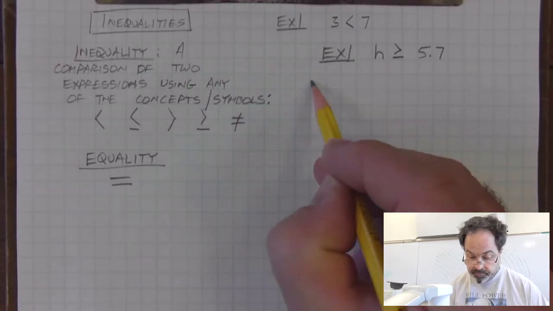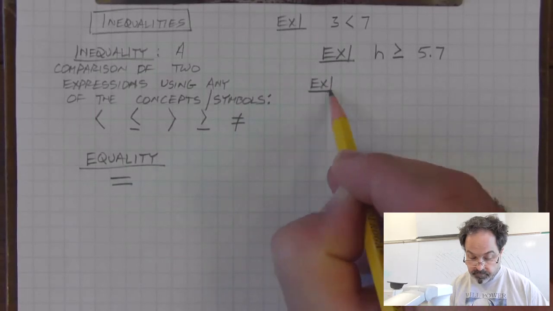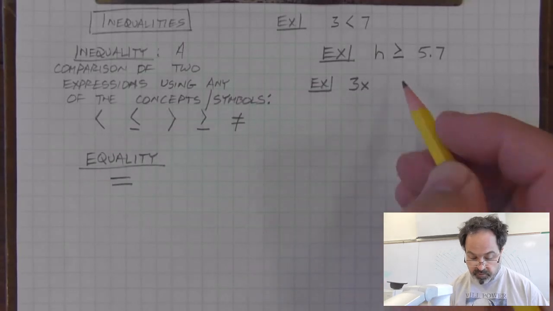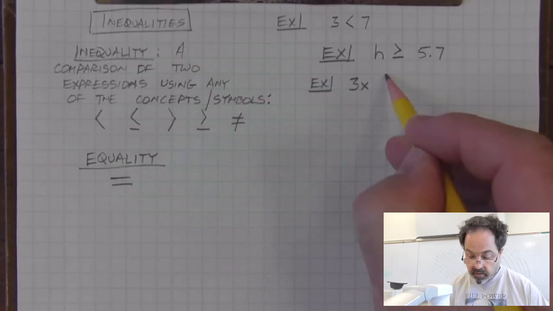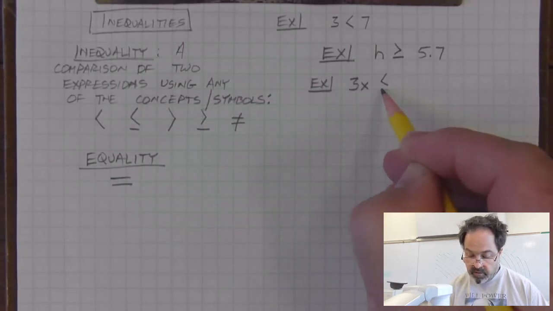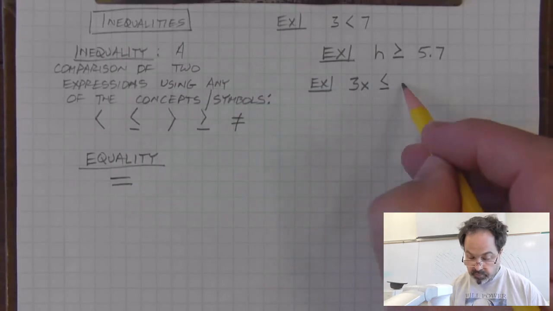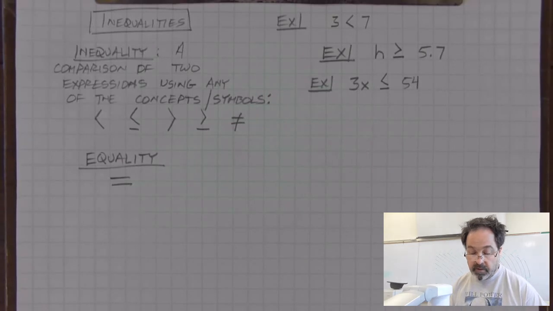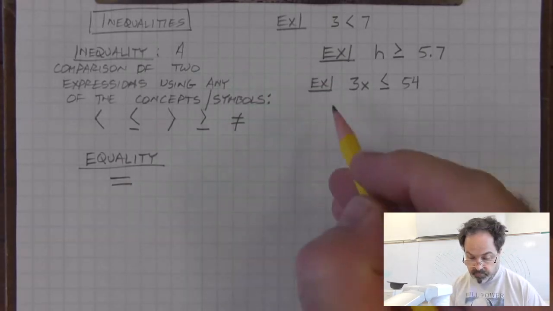Another example. We could have an expression like 3x, a number and a variable on one side, less than or equal to 54. Here we have an inequality that contains a variable and some mathematics.